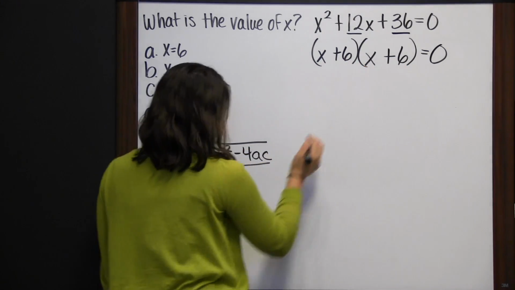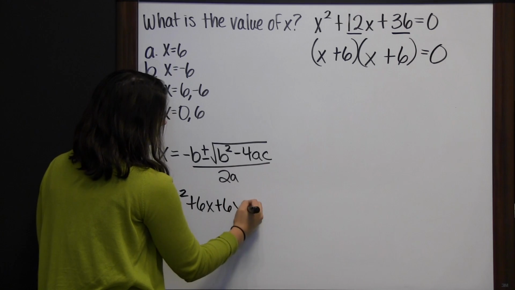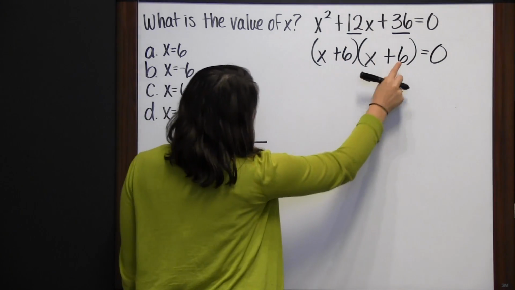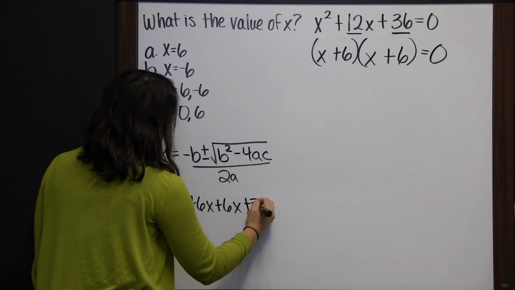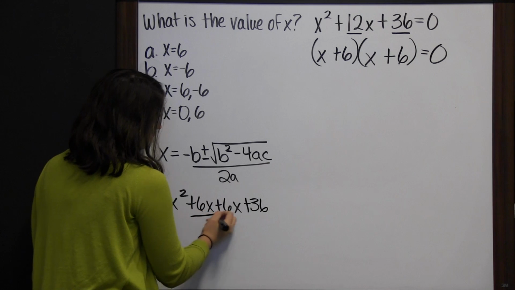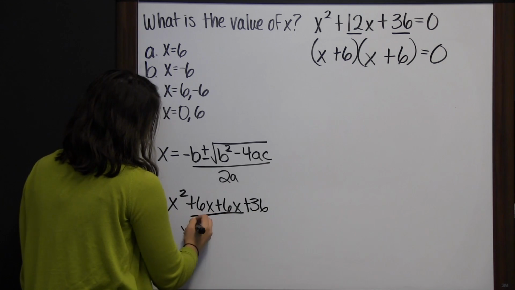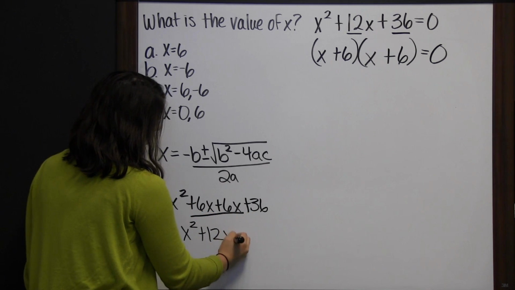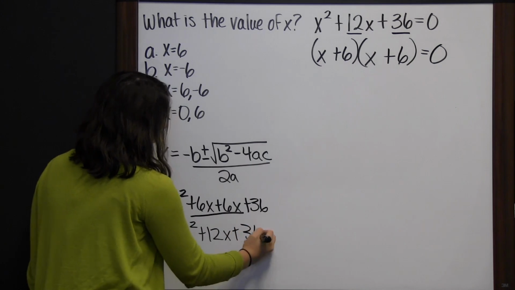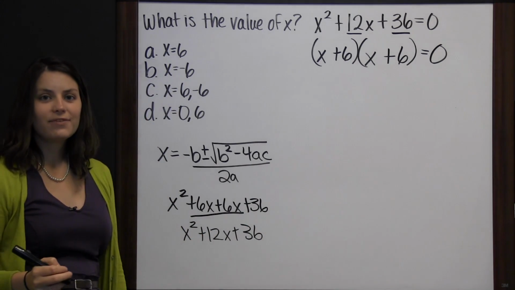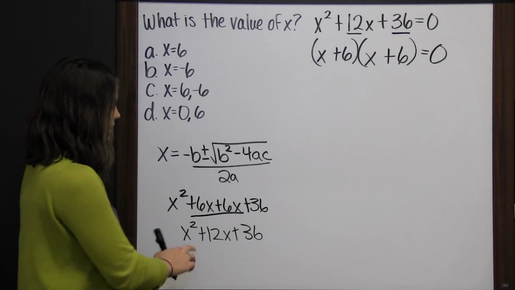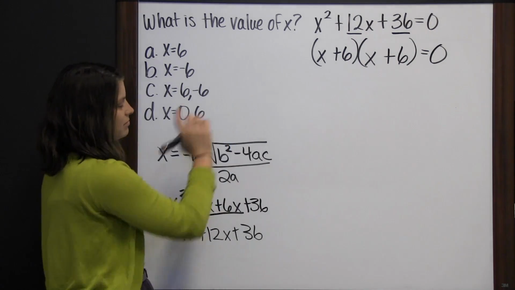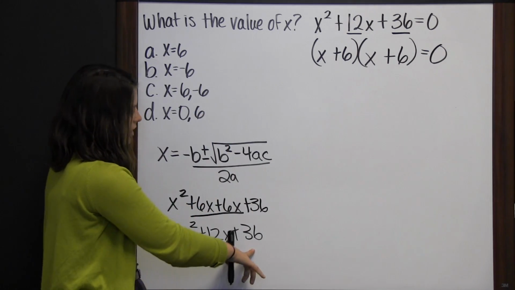Inner, 6 times x, 6x. And last, 6 times 6, 36. Then you combine like terms: x squared plus 12x plus 36. And we can see that we did factor correctly, because whenever I FOILed my binomials back out, I got what I started with.